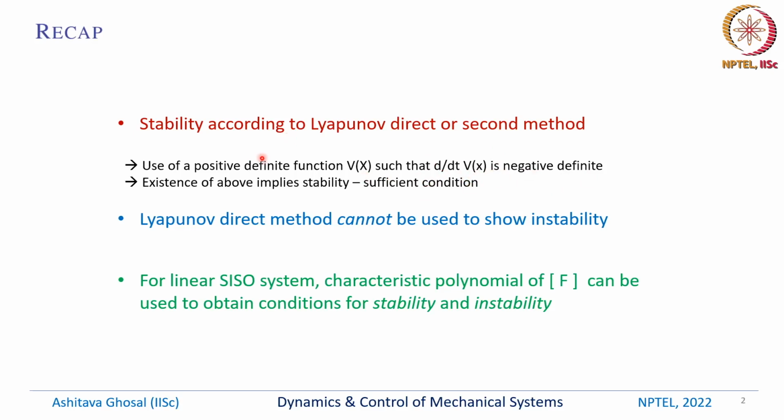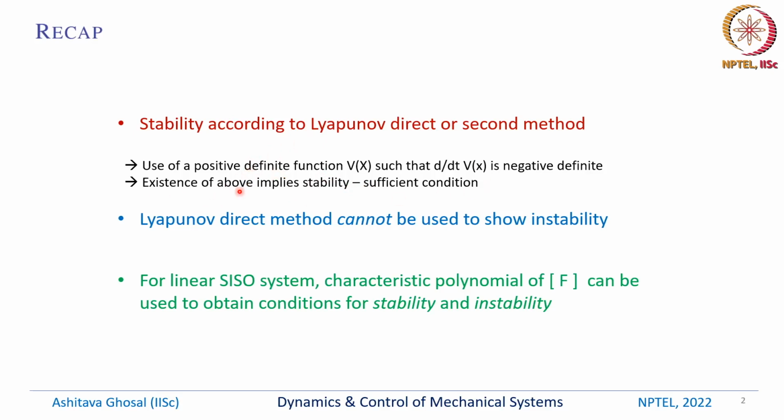And according to Lyapunov, if such a positive definite function and a negative definite d by dt of v of x exist, then the system is stable. Then the state equations x dot equals f of x comma t is stable.